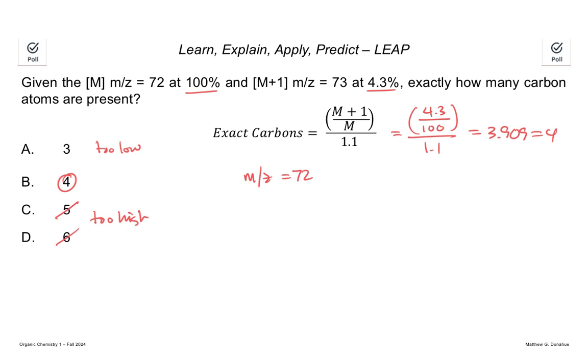So the parent is 72. We just determined that n is equal to 4. So 48 mass units of that 72 belong to carbon.